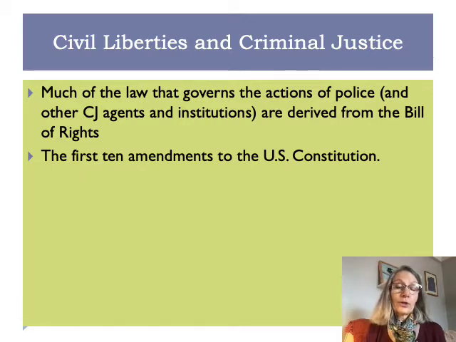When the Constitution was initially ratified, it was ratified without a Bill of Rights. And that was a problem, because the states ratifying this new Constitution, which gives a lot of power to the federal government, were really worried that without a Bill of Rights, the federal government would abuse its powers.